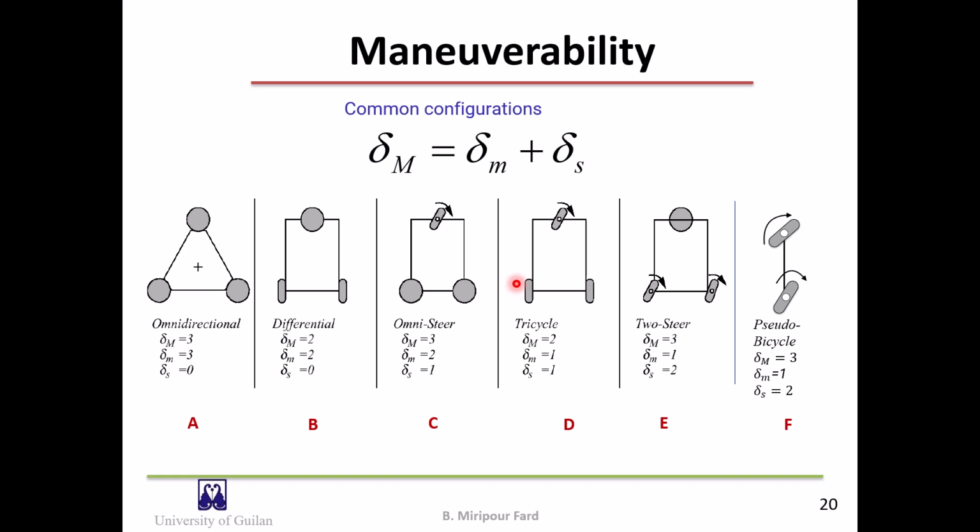You can see more examples in this slide. In the robot on the left, figure A, which is an omnidirectional robot, degree of mobility is 3, degree of steerability is 0, and degree of maneuverability is 3.